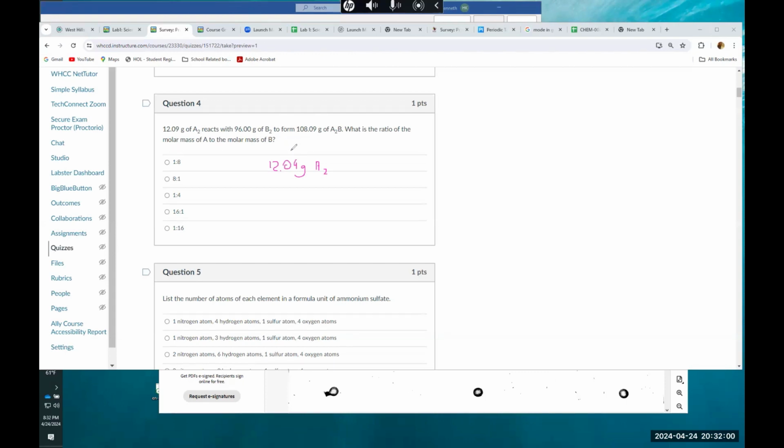So we want the ratio of our molar mass of A to compare to our molar mass of B. So how would I go about doing that? What do you guys think?